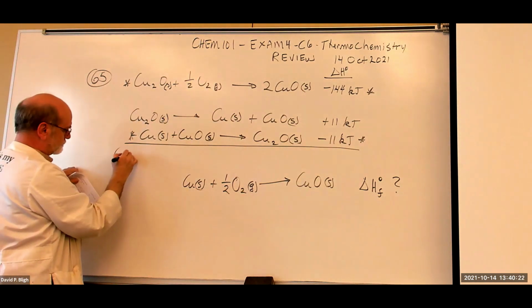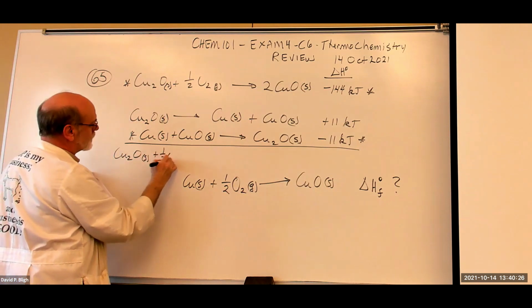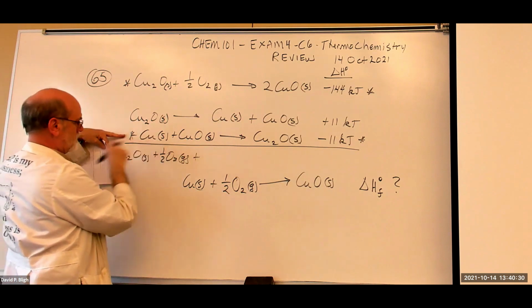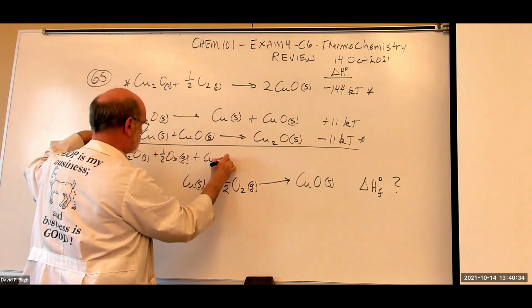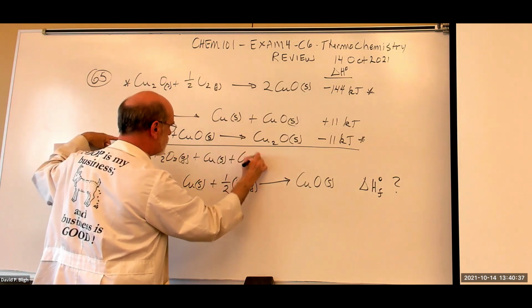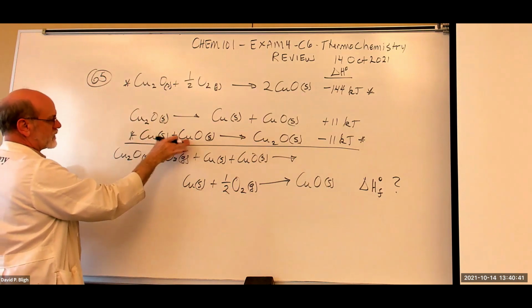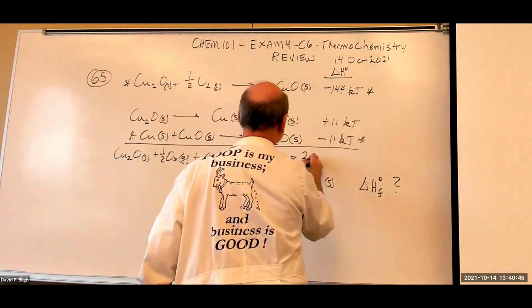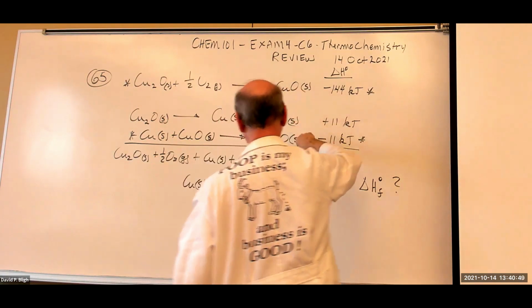So we have Cu2O plus 1/2 O2 plus Cu plus CuO. That's all on the left-hand side of the arrow, this one and that one. On the right-hand side, we have 2 CuO and then Cu2O.